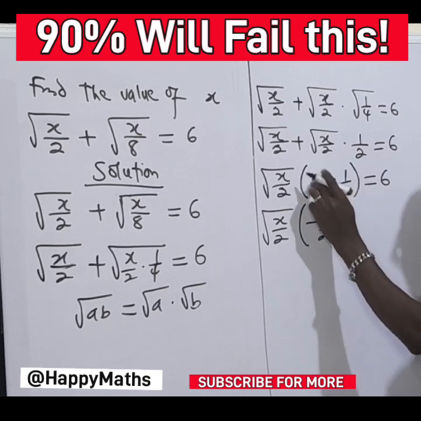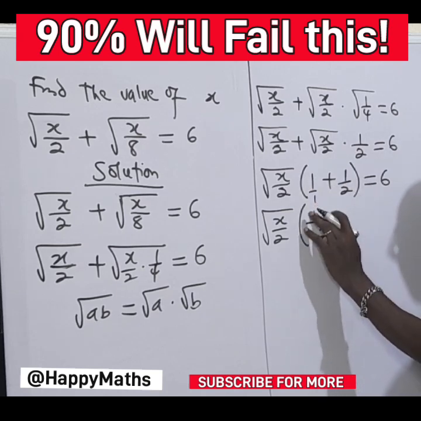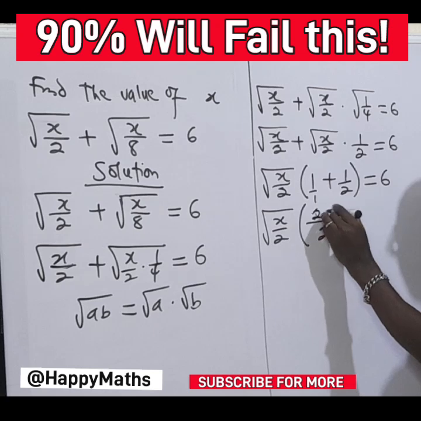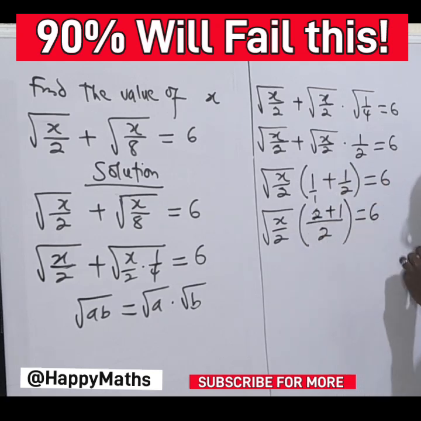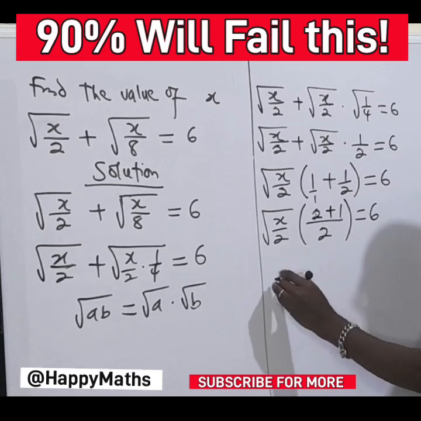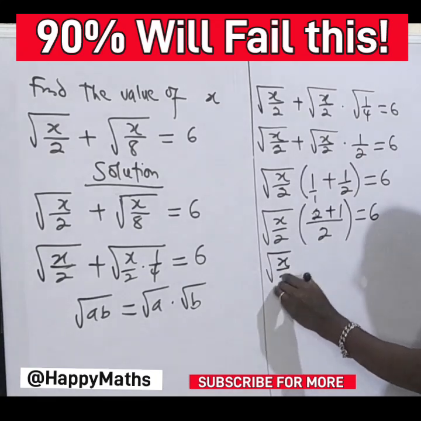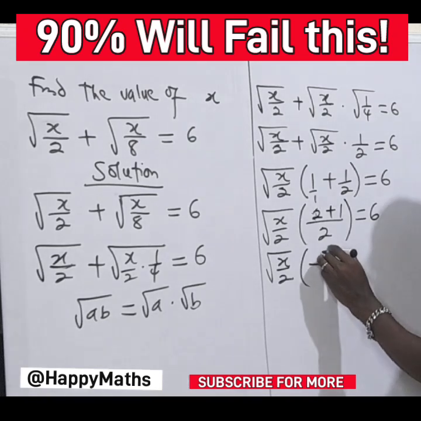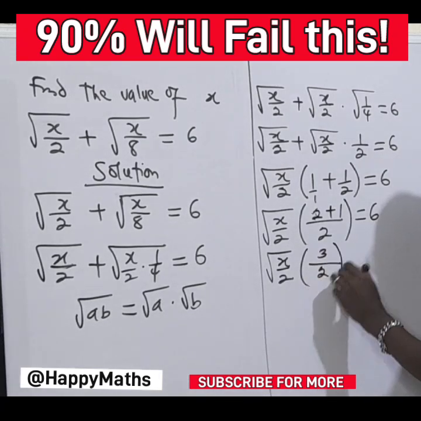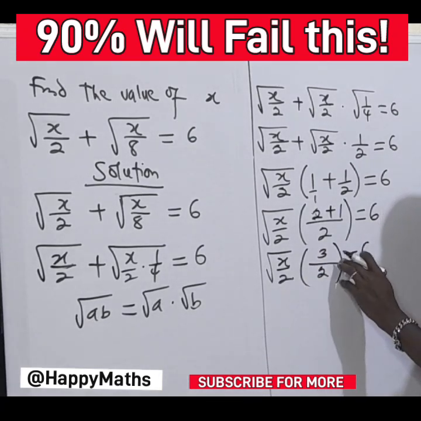Let's take the butterfly method: 1 times 2 is 2, plus 1 times 1 is 1, so we get 3 over 2. Root of s over 2 times 3 over 2 equals 6.